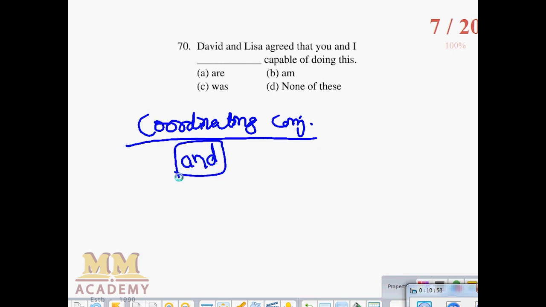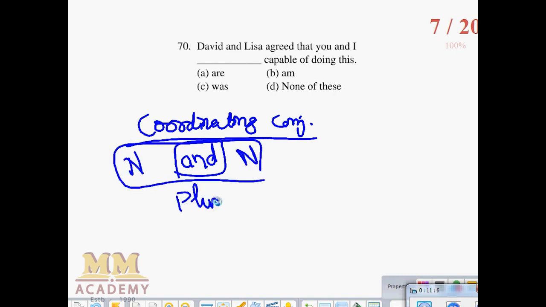So when "and" comes between two nouns, it makes them plural, right? So "you" is one and "I" is the second. So "you" and "I" are joined by "and," so it means we have got a plural subject.